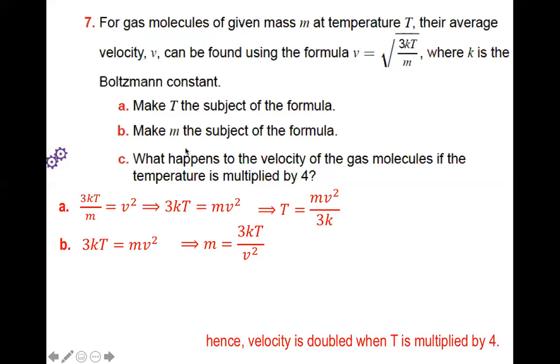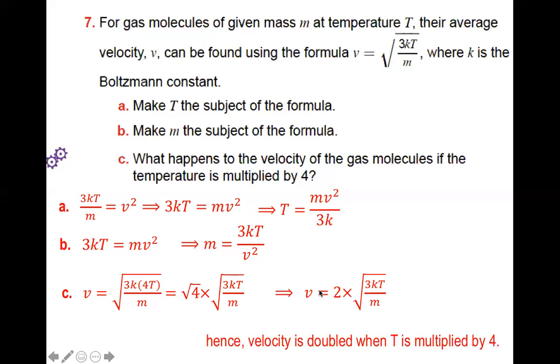Now, the question they've asked us is what happens to the velocity? So what happens to V? So I'm going to use the first one here. If the temperature is multiplied by 4, so if instead of T, I put 4T here, what would happen? So you just say V equals square root of 3k 4t divided by m. So square root of 4, you can get it out from this fraction, which becomes square root of 4 outside.